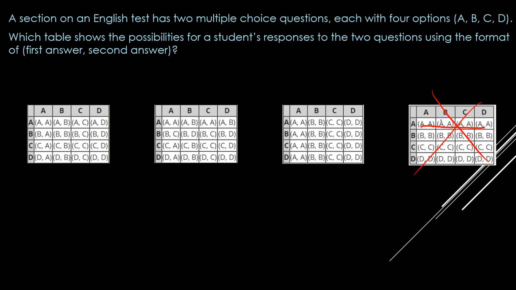That's not right, because this B and this A means that this one here should be AB. This C and this A means this one here should be AC, and so on. So you are just looking at the tables and identifying which one is correct and which one is wrong. Hopefully you'll be able to notice that this one over here is the right table we want to pick, because when I look at all of the different pairs, they're all different and they all match.